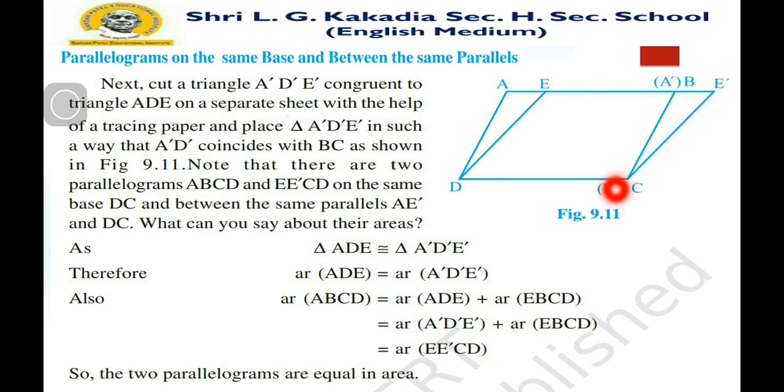Cut this triangle and take it in such a way that A dash D dash coincides with BC, as shown in the figure. Just cut this shape and put it here.